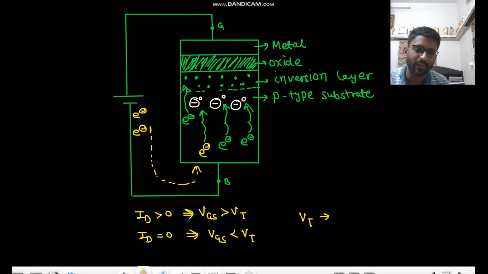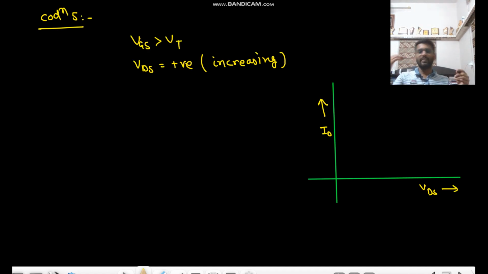What is VT? VT is threshold voltage. Okay, and that is positive for NMOS.